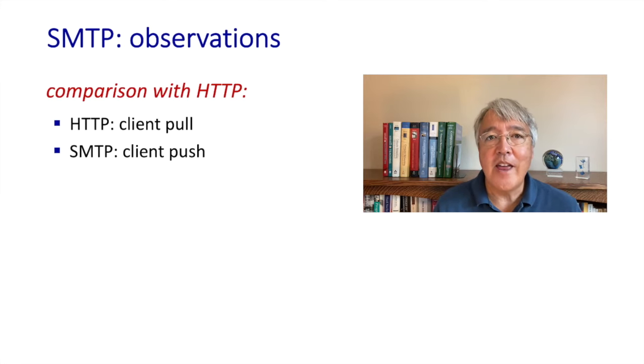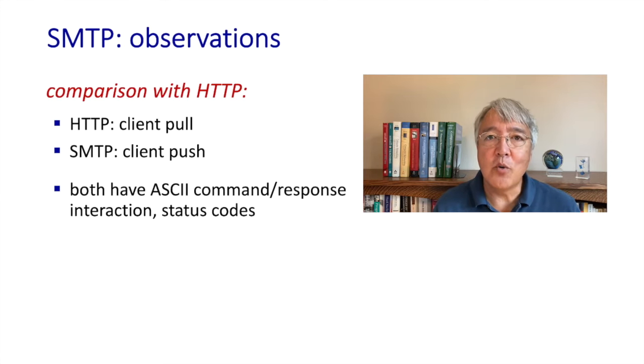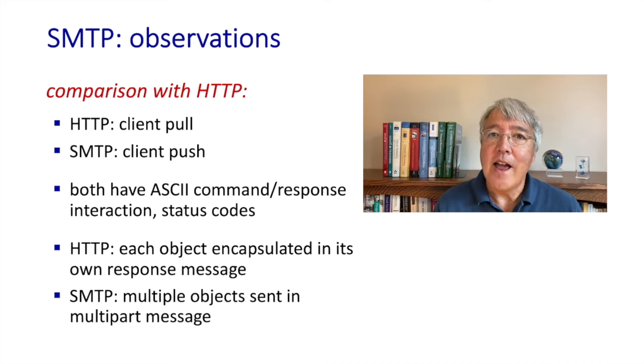We also noted that SMTP messages are human readable, they're encoded in ASCII format, we can look at them, understand what they do, and they have status codes, not the same status codes, but a similar idea to what we saw in HTTP. And in fact, HTTP, you can see, drew some of its inspiration from SMTP. And then finally, SMTP has multiple objects that could be encoded into one message.